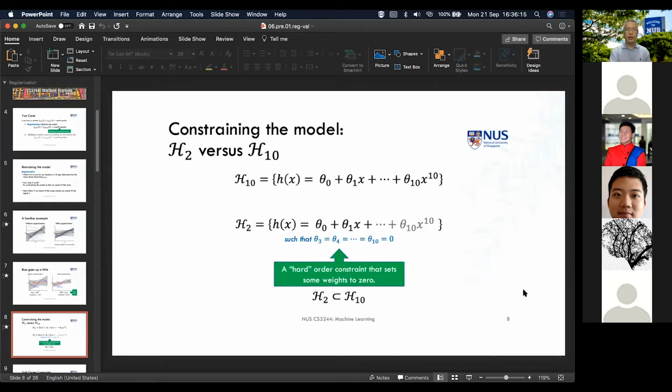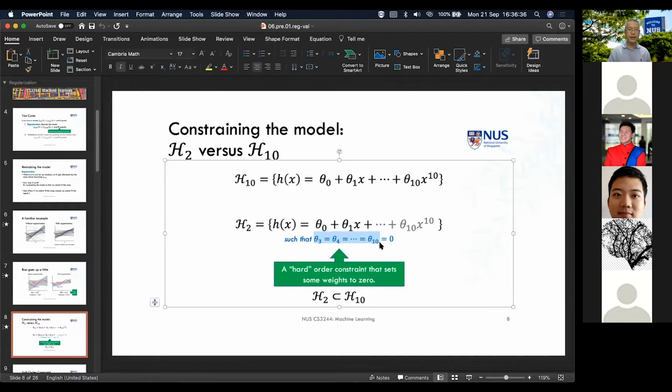If you think about this, it's actually really true. We can think about H1, H2, with an X coefficient and an X2 coefficient, like X squared. It's already constrained. Basically, our theta 3, theta 4, theta 5, all the way to theta 10, in an H10 model is all set to 0.